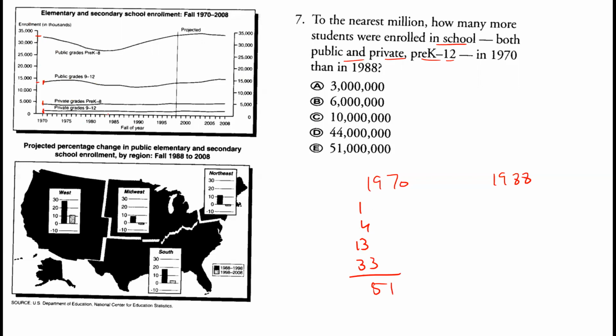1988. Let's go to 1988. So again, private grade 9 to 12 is 1. This number is a little less than 5, so let's keep it at 4. This number is approximately between 10 and 15, let's take it as 12.